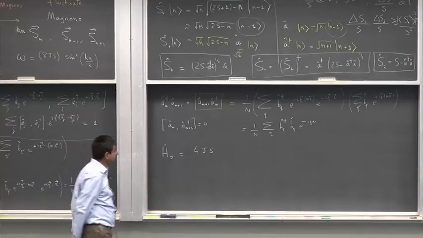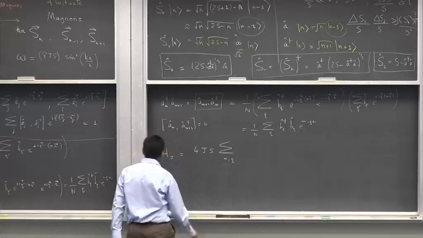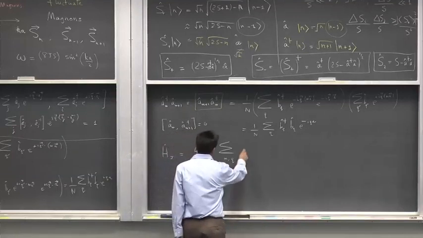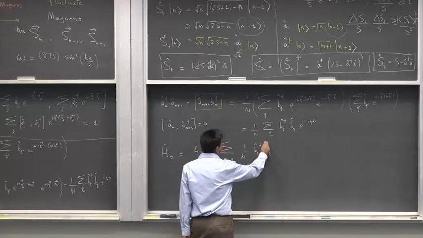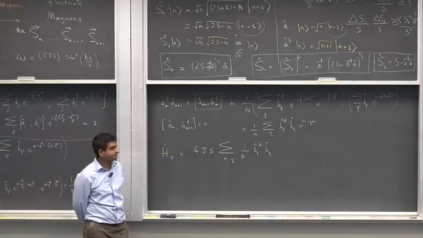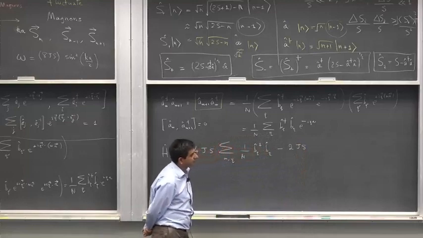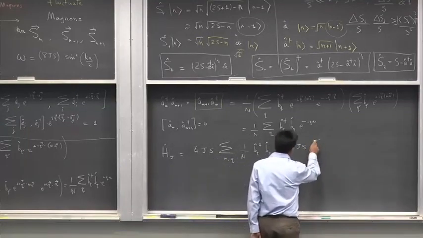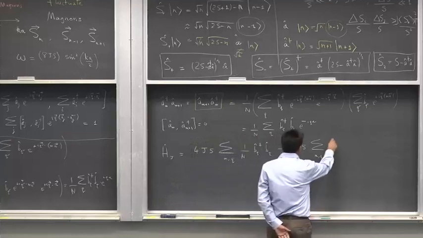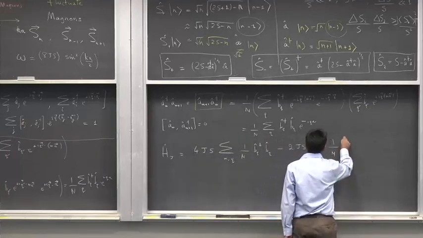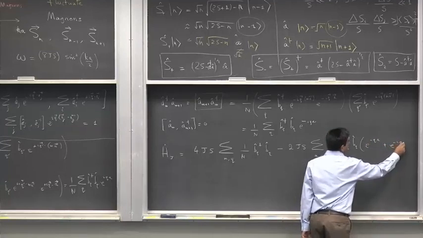This is 1 over n, bq dagger bq, minus 2JS, sum over m, q, 1 over n, bq dagger bq, e to the iqa plus e to the minus iqa.